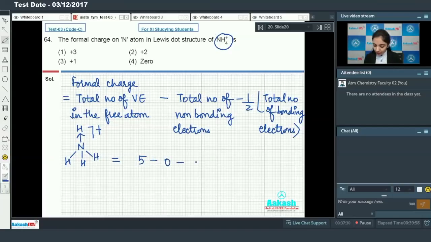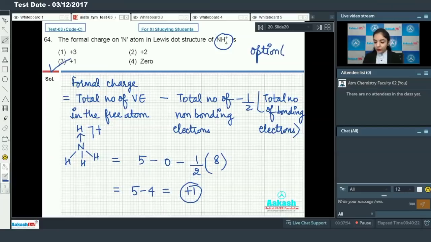So 5 minus 0 minus half into total number of bonding electrons. So as you can see here, the total number of bonding electrons are equal to 8. So it is 5 minus 4, which is equal to plus 1. So the formal charge of nitrogen atom is equal to plus 1. So option number 3 is the correct answer. So using this formula, you can calculate the formal charge on any atom in any molecule.